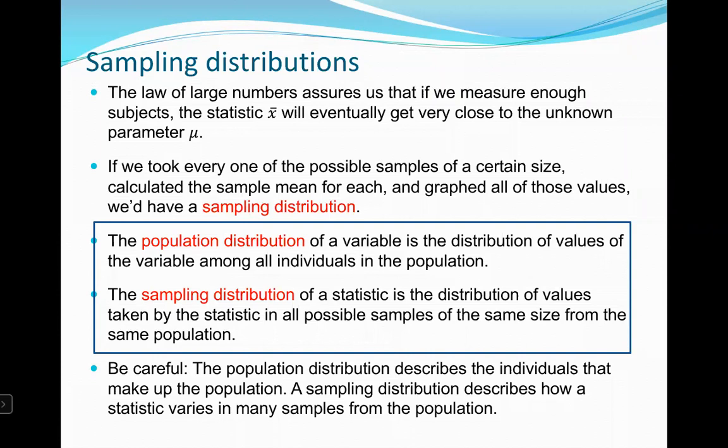The population distribution describes the individuals that make up a population. A sampling distribution describes how a statistic varies in many samples from the population.